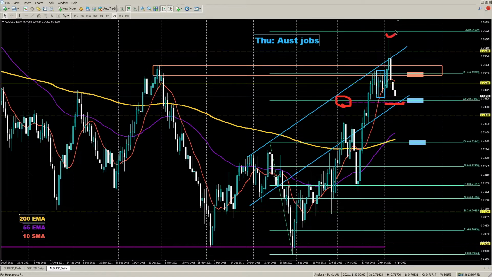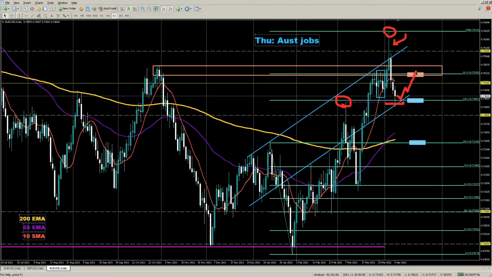So this was a major test of this 200 pip extension and sell-off after that. Okay, so this is a pretty explosive move on the Tuesday and drop back down. So now we'll see if there's a short-term bounce back into this resistance zone.